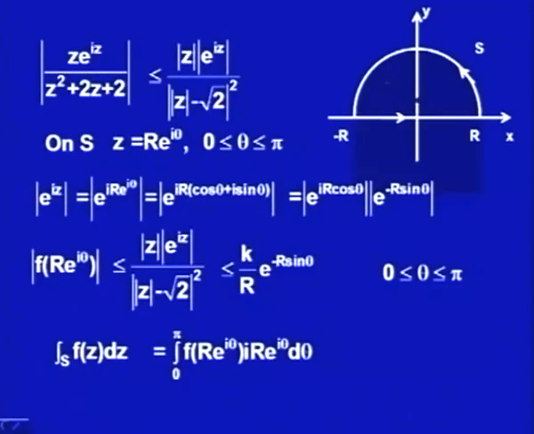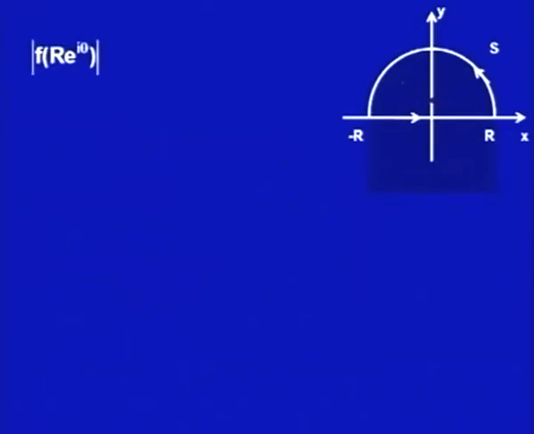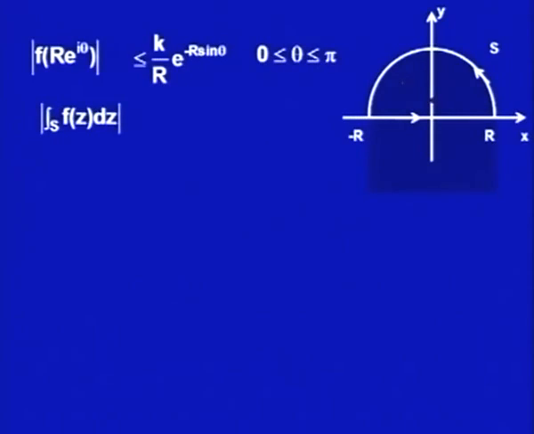Now, use this ML inequality. So, we have f of r e to the power i theta is bounded by k upon r e to the power minus r sin theta, and for the integral over S of f z dz, we could write the integral from 0 to pi of f of r e to the power i theta e to the power i theta d theta, and this r is constant with respect to theta.